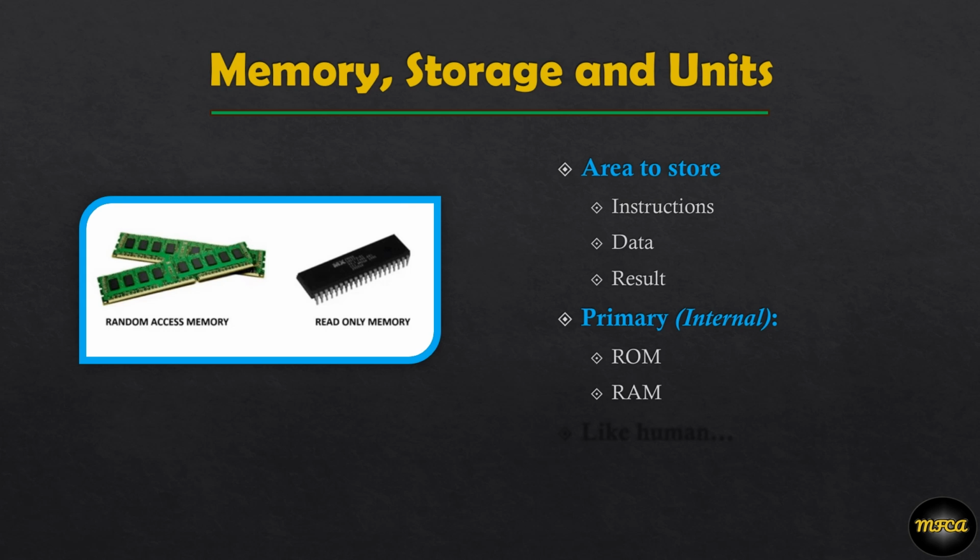The second type is random access memory or RAM. This is more like your short-term memory. When you are working on a homework assignment or playing a game, that information is stored in RAM. And once you are done with the assignment or the game, that information will be gone. Same way, when you turn off the computer, poof, all the information in the RAM will be gone.